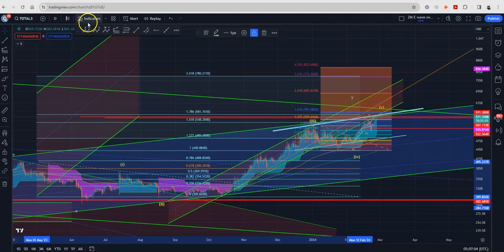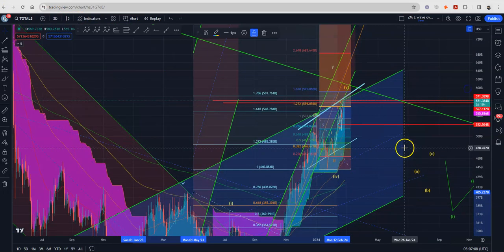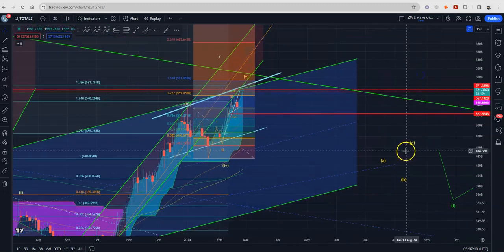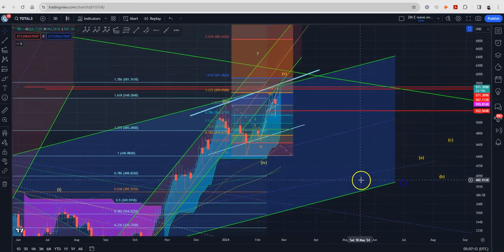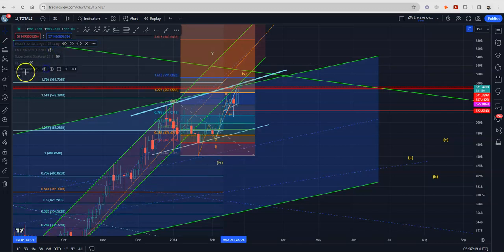And if we go to the daily, you'll see what I'm talking about. Let's take off the indicators just because it will make it that much easier.